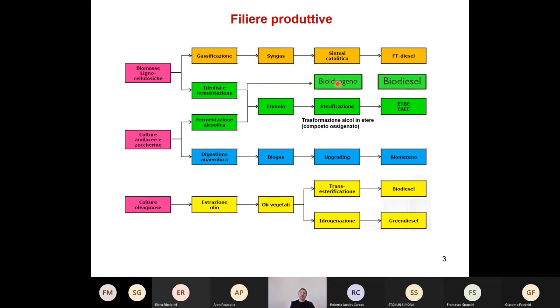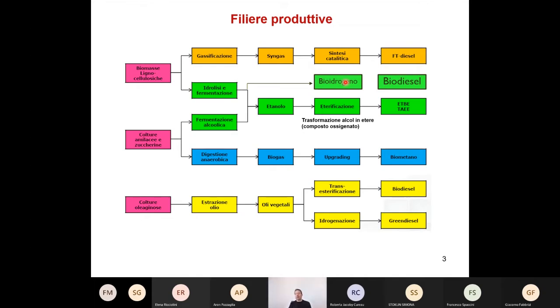We started to work on it just in the last month. I added this just to show you that these pathways are only the main pathways. You can also integrate and mix to obtain a lot of final biofuels or bioproducts.